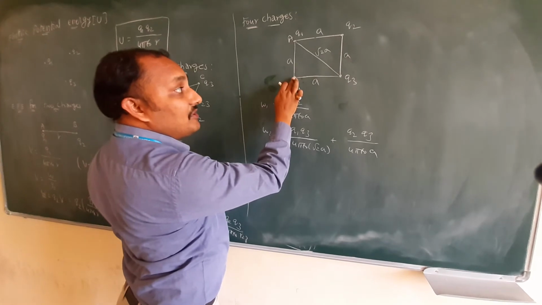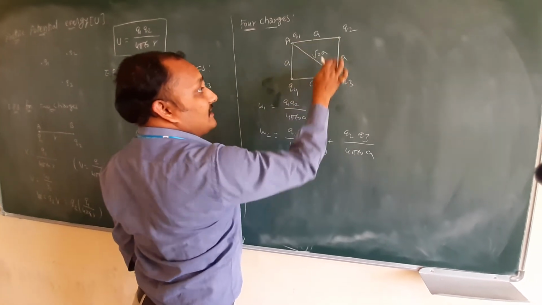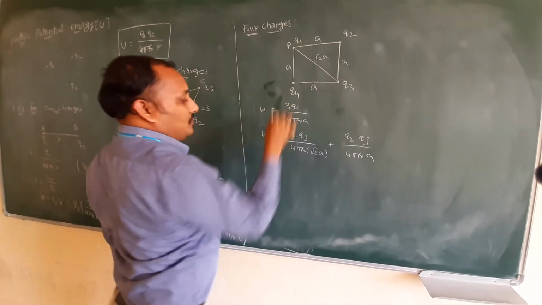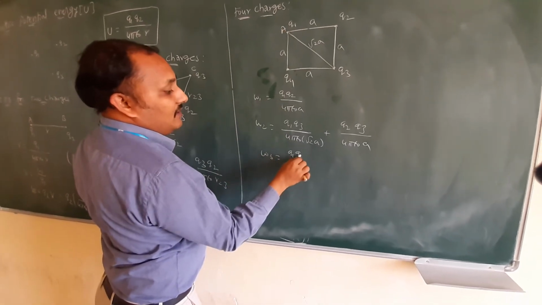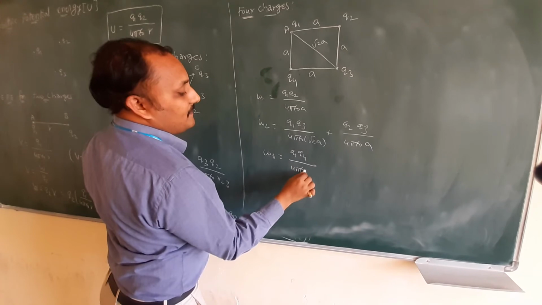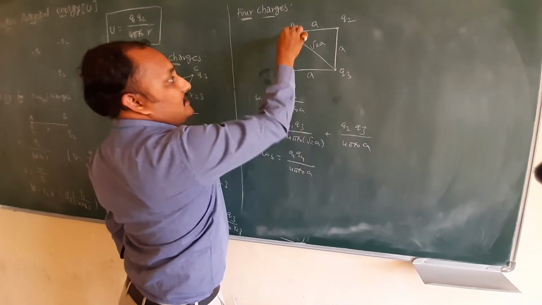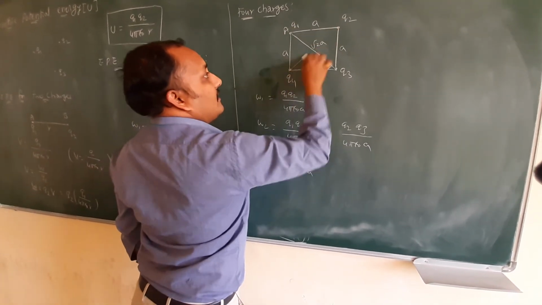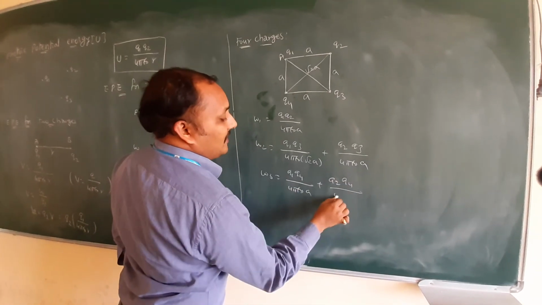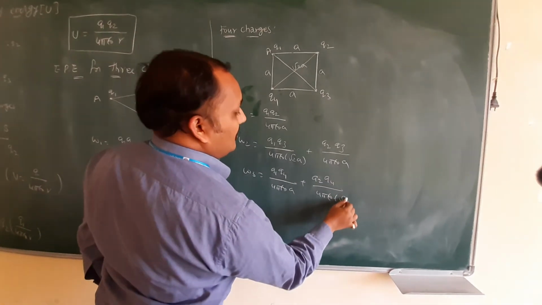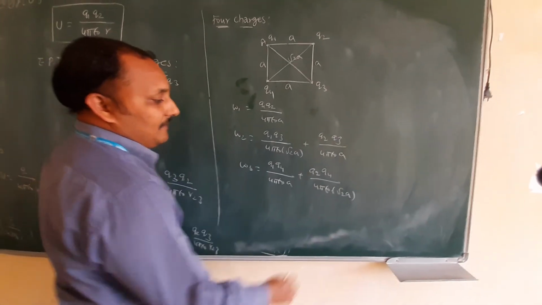Now whenever I am bringing Q4, how many are there? Three charges are there. Between these two, work done is Q1 Q4 by 4 pi epsilon naught a. Now these two, this distance is also root 2 a, plus Q2 Q4 by 4 pi epsilon naught root 2 a.